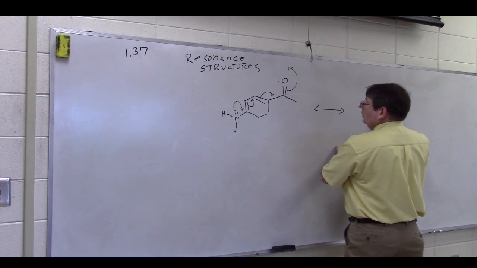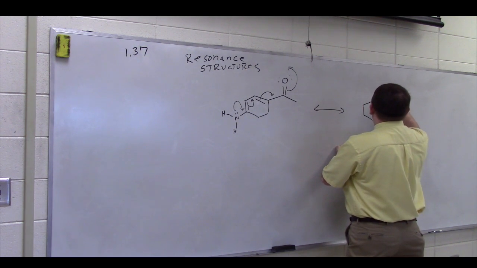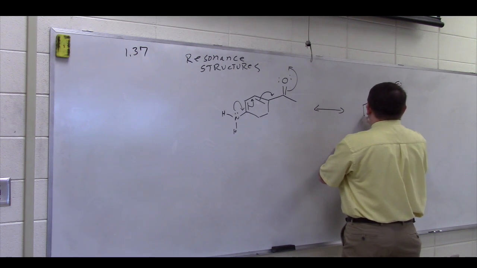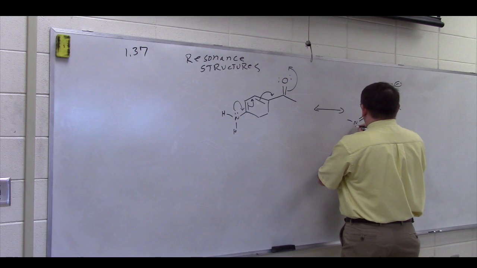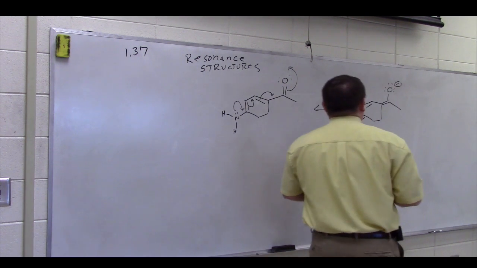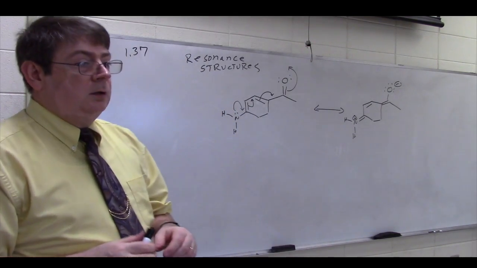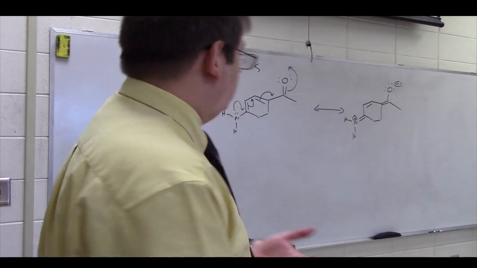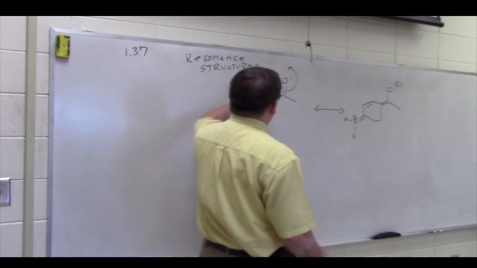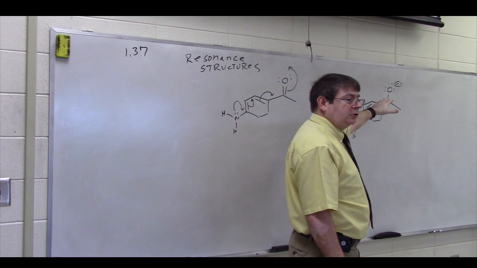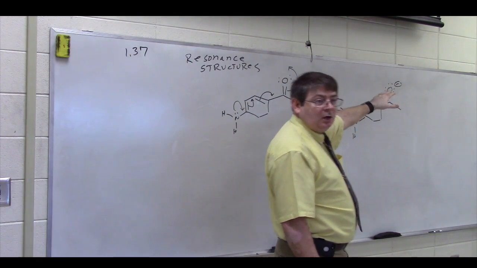Let's see, we'll have... I think I did that right. That's telling us that this oxygen has a partial negative charge on it, because one of the resonance structures shows a formal negative charge on that oxygen.